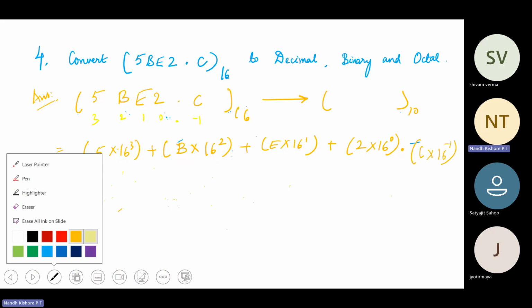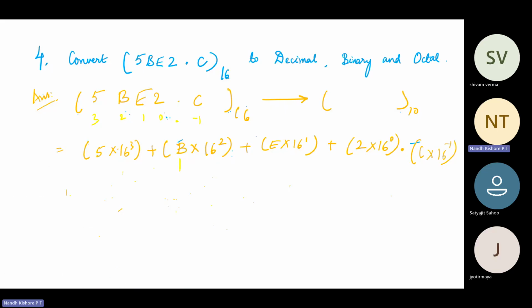Okay. So what is B? A is 10, therefore B is 11. What is E? F is 15, E is 14. And what is C? C is 12. Okay. So just substitute it. We'll be getting the answer. So 5 into 16 power 3 plus B is 11, 11 into 16 square plus 14 into 16 plus 2.